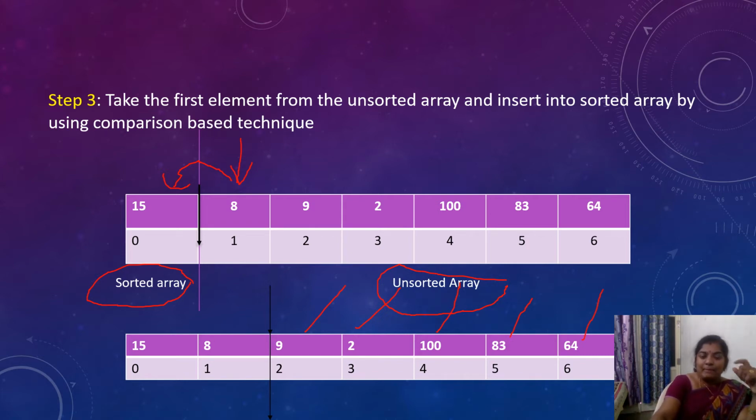Now apply the comparison based technique. So compare this 8 with the existing element, 15. Yes, 8 is less than 15. So we can simply place this 8 in the appropriate position.